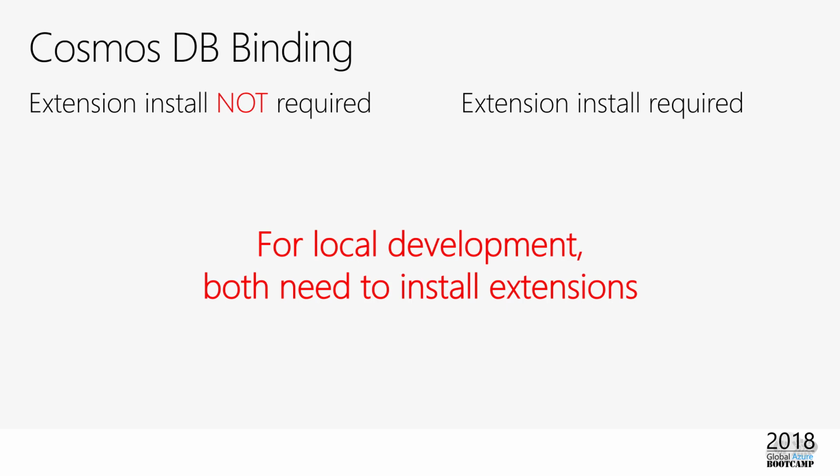But this is only for the runtime environment side. If we really want to write the function code in our local development environment, we need to install the NuGet package on both sides anyway.